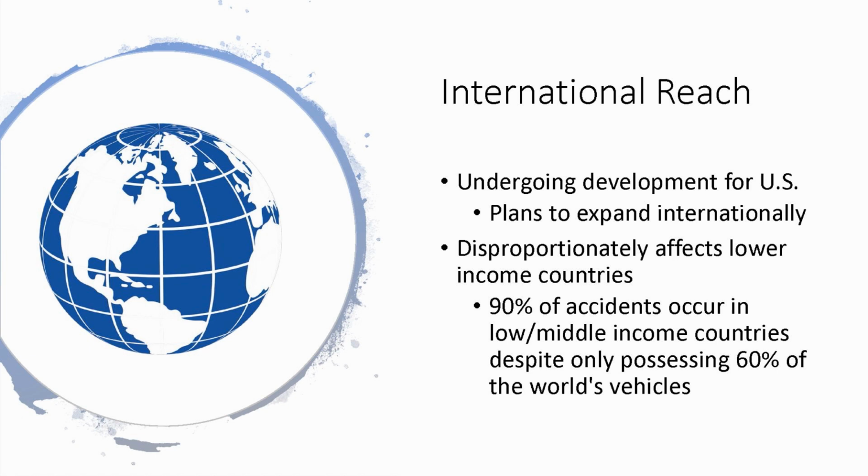This is because lower income countries are disproportionately affected by road accidents. 90% of accidents occur in lower and middle income countries, despite only containing 60% of the world's cars. We hope our product can help governments address dangerous road segments at both a national and local level, as well as give drivers more information about their routes, so that they can make more informed decisions.